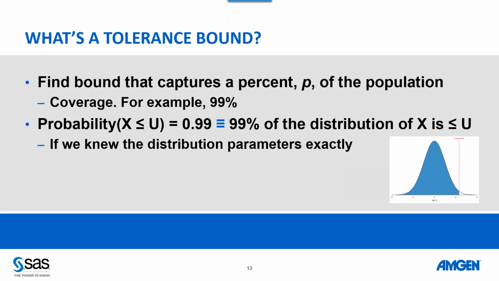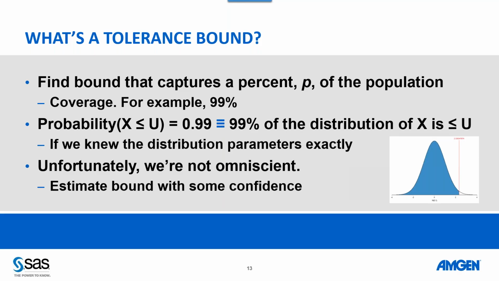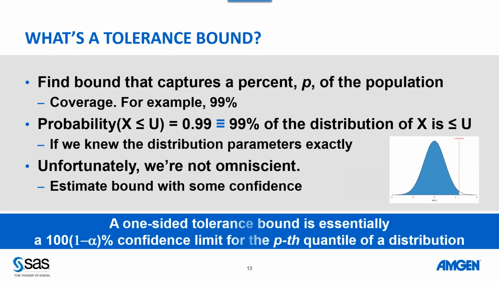And that works, some quick calculations. But in reality, that's only true if you know the parameters of the distribution, but we don't. And because we don't, we have to estimate that bound with some confidence, and that's where the stats come in, and that's all the theory behind tolerance intervals and tolerance bounds.